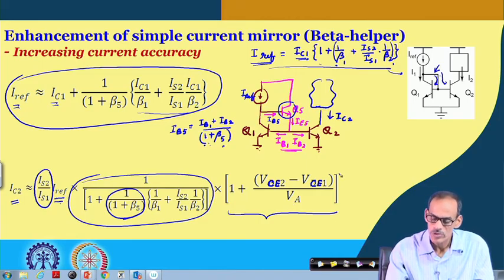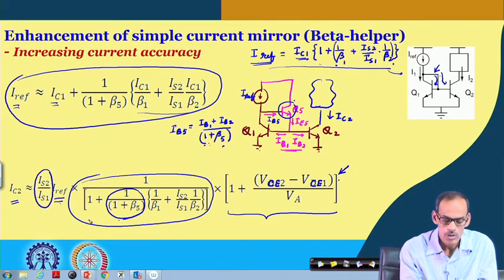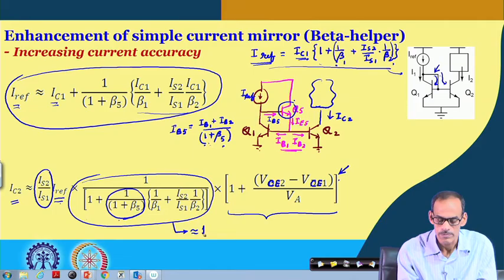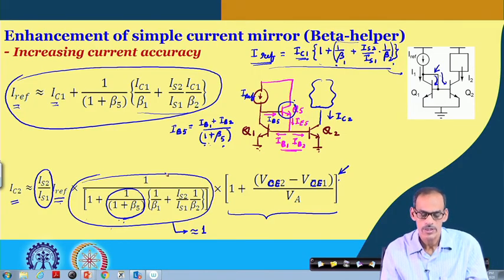So, this part we have already discussed. To improve this one, we can put in the cascode structure. In addition, we can put in this transistor to make this non-ideality factor very close to 1. This is referred to as the beta helper circuit. By the beta of this transistor, we are making this factor more towards the ideal one, which is why it is referred to as a beta helper circuit.